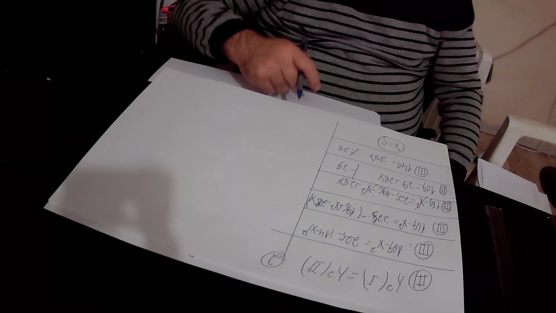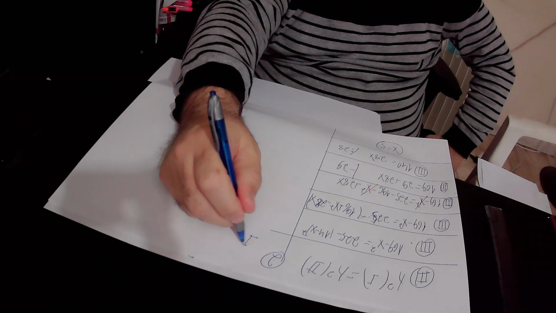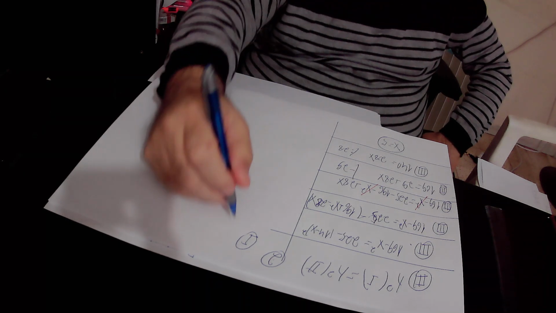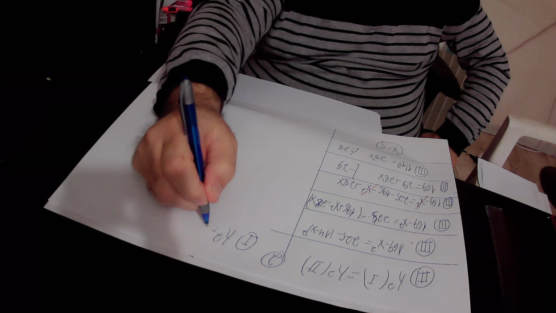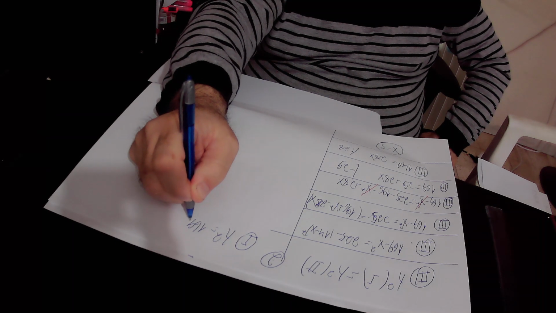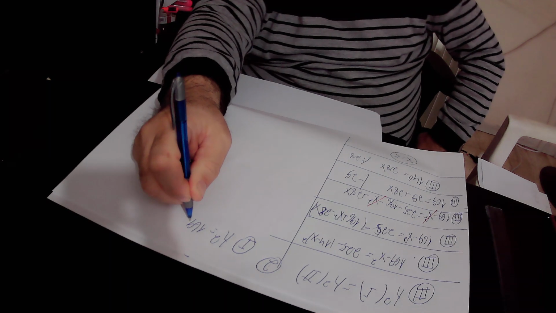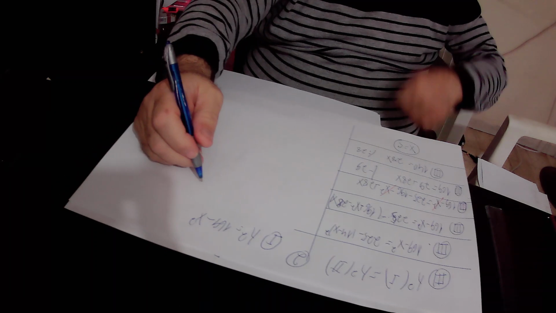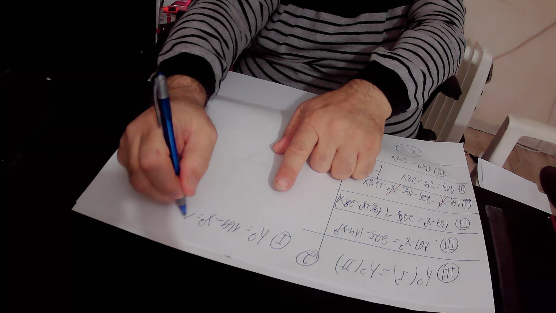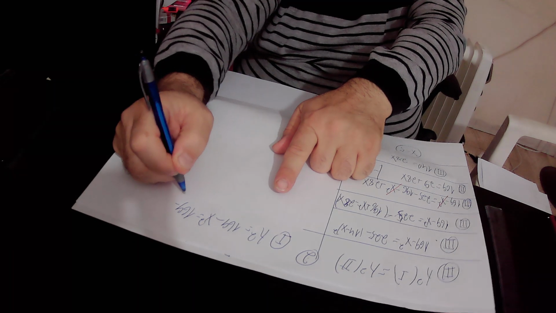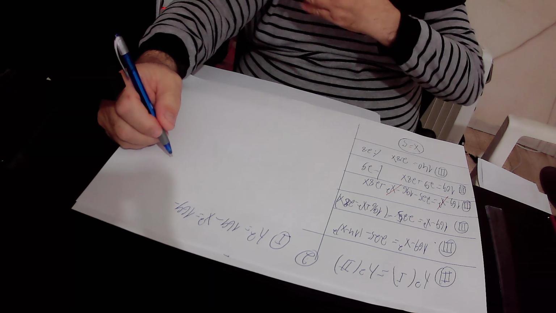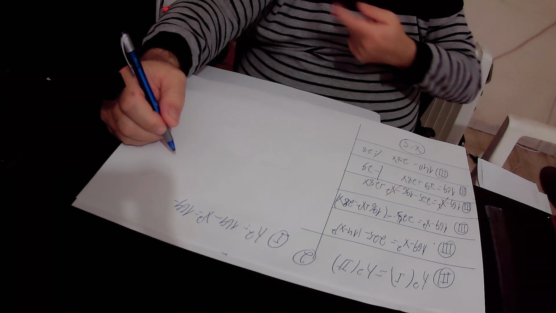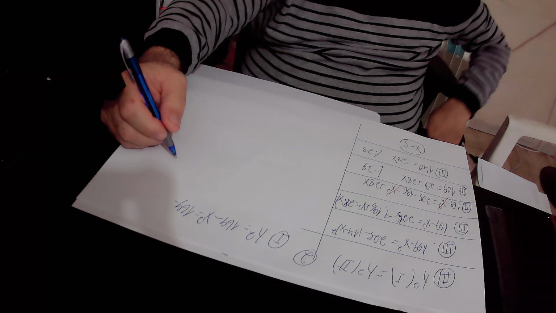According to equation number 1, we found out that h squared equals 169 minus x squared. That is to say, h squared equals 169 minus x squared, but x equals 5. Therefore, x squared must be equal to 5 squared, that is 25.